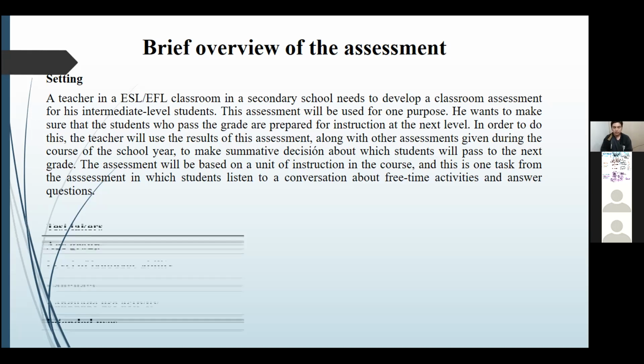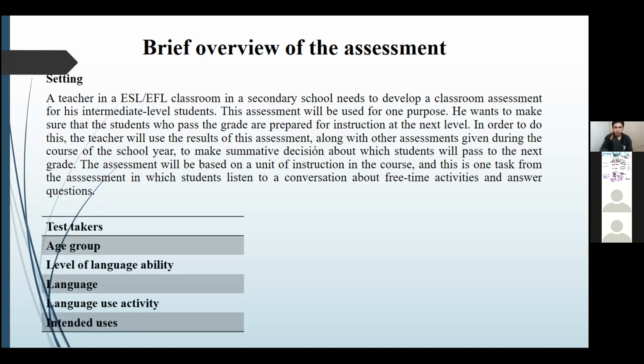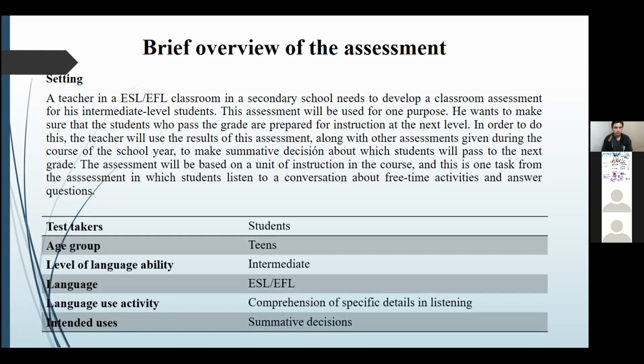Now, knowing the setting, we can have some information for this example. The test takers are going to be the students. The age group is teenagers. The level of language ability is intermediate.